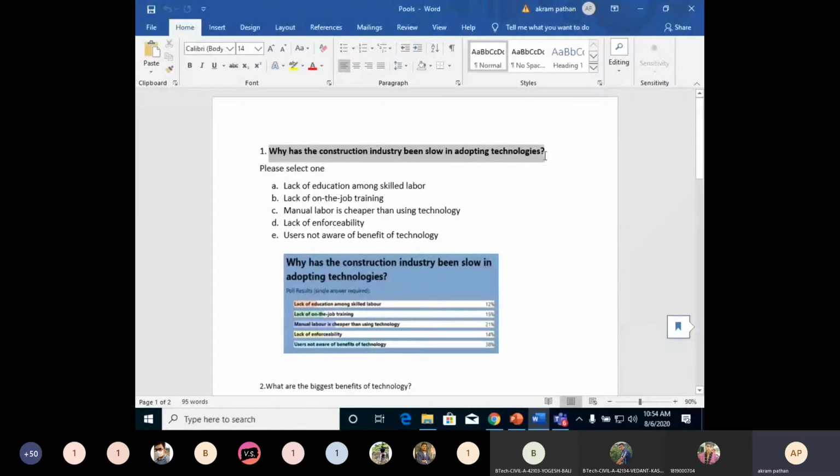Now this is my first question. Why has the construction industry been slow in adopting technology?